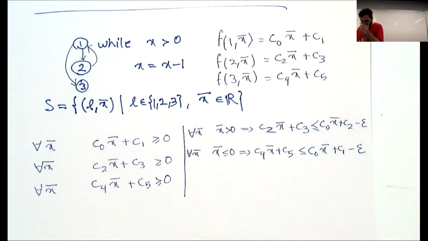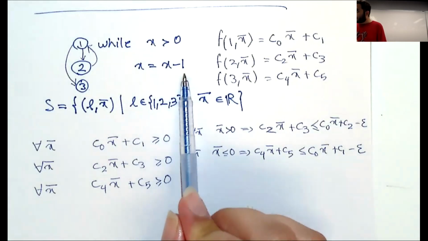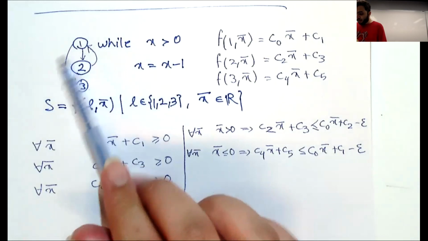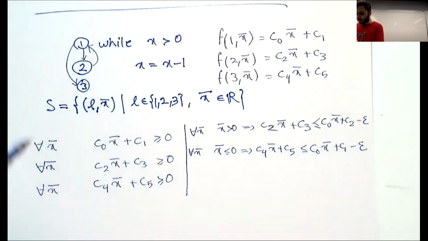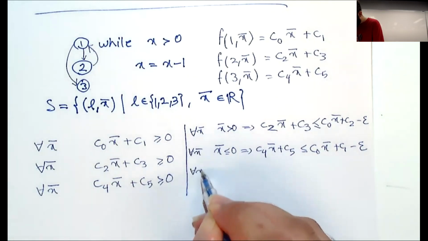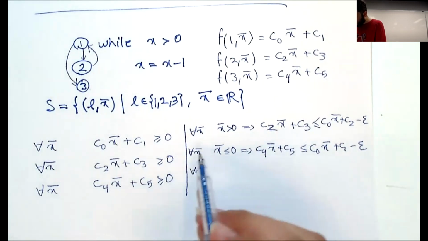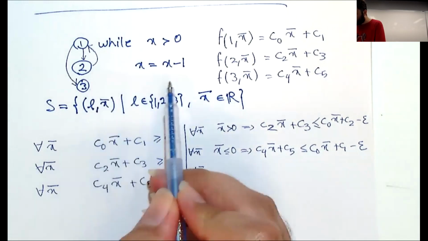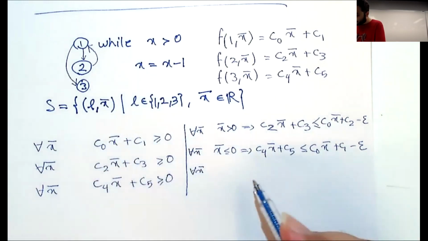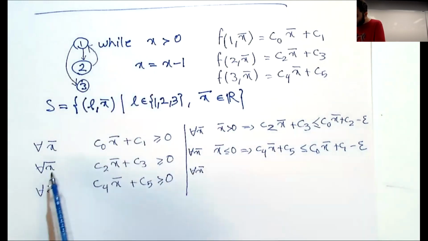So what happens in line 2? If I'm at line 2 right now, I will decrease the value of x by 1, and then go back to line 1, right? There is no condition, because I will do that anyway. So when I go back to line 1, what is my value?